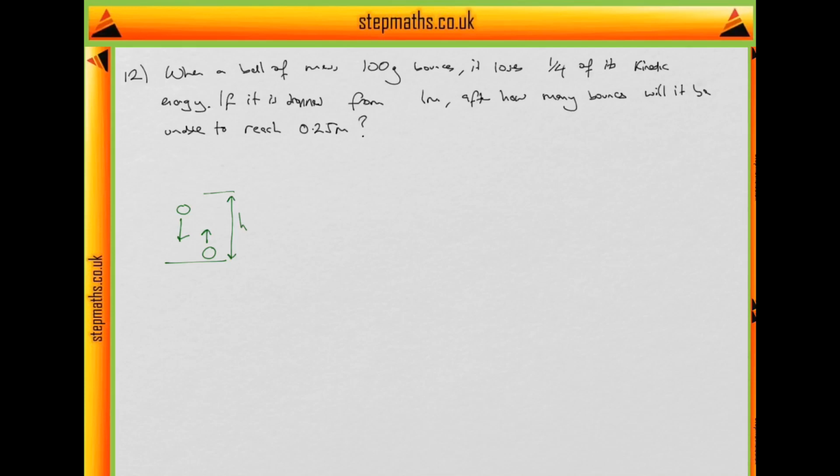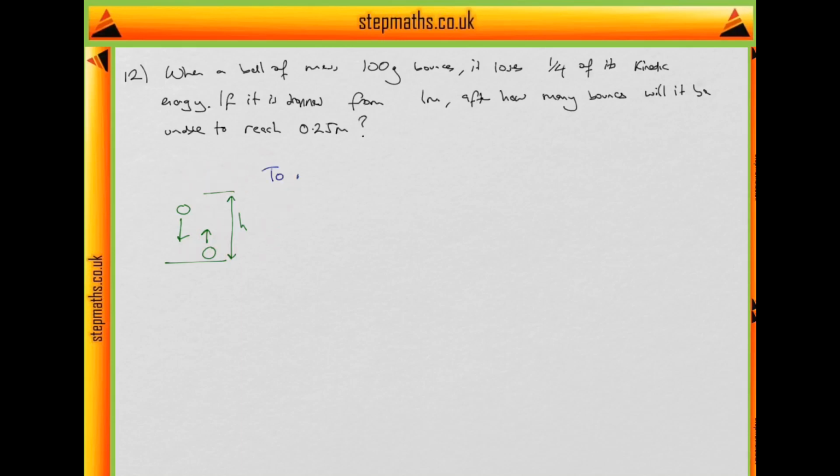Well, we're going to assume that the only energy it has when it's rising and falling is kinetic and potential energy. So when it gets to the top, it's going to have 0 kinetic energy. But we want it to reach a height of 0.25 meters, so it's going to have potential energy. So we're going to try to find the potential energy it had at 0.25 meters, and that will therefore be equal to the kinetic energy it must have when it rebounds, such that it can reach the height.